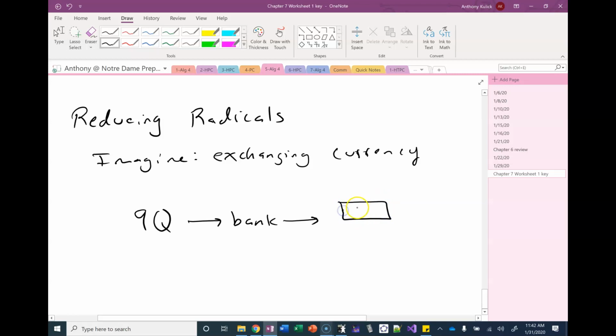So we're going to have 2 $1 bills and then 1 quarter still. Let's draw it this way. Everybody agree with that? Why is that the case? Because 4 quarters make $1, right?